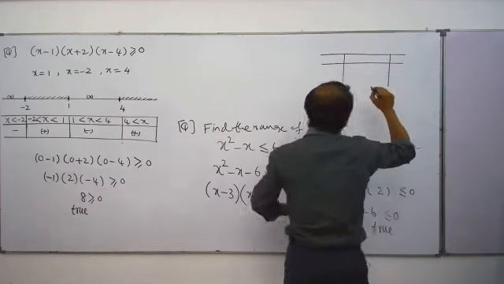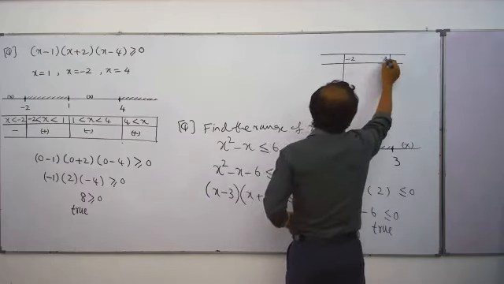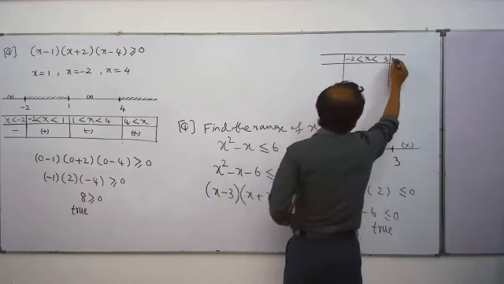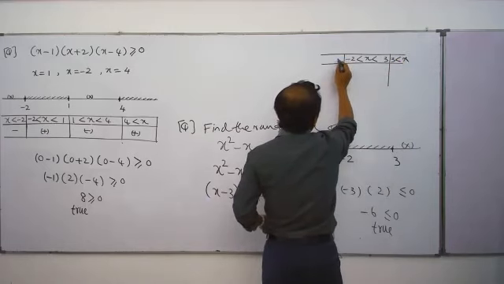How to write that? Minus 2, 3. Put this way. And 3 next here. And minus 2, x minus 2 this.